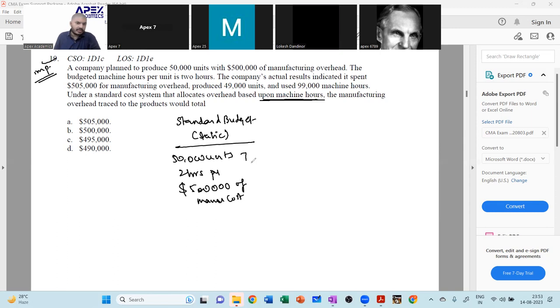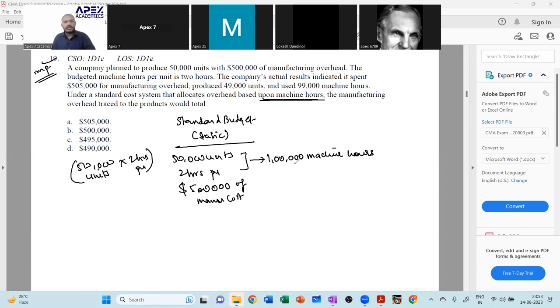So 50,000 units at the rate of 2 hours per unit is 100,000 machine hours. 50,000 units multiplied by 2 hours per unit is going to be 100,000 machine hours.